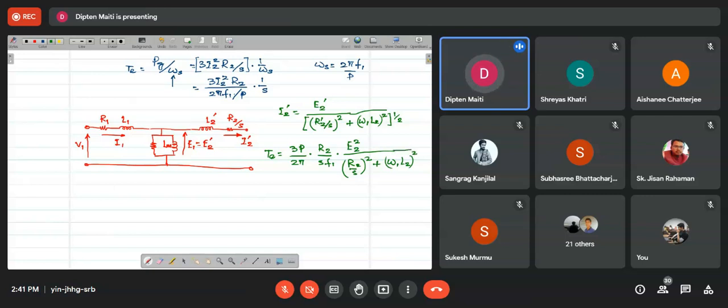Now, once again, in the last part, for the initial case while determining the current, I used the dash notation. However, in the next part you can use the dash notation or remove it, because it does not matter whether you are using the referred value or not. The turns ratio in the numerator and the turns ratio in the denominator cancel each other.